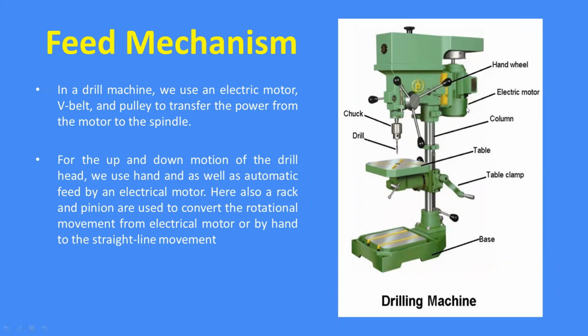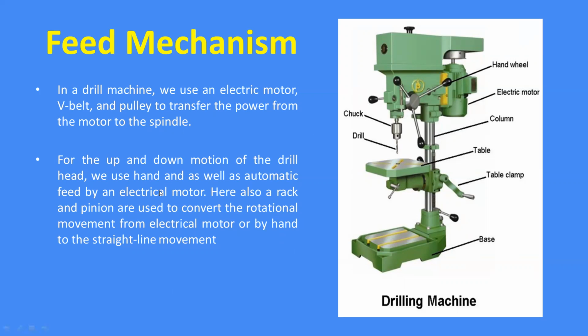Whenever we switch on this motor, a belt is connected from it. From the belt, the power is transmitted to the pulley, and from there it is transmitted to the spindle. In order to have this feed mechanism, the spindle has to be moved. The movement of the spindle can be obtained from the electric motor through the V-belt and the pulley.